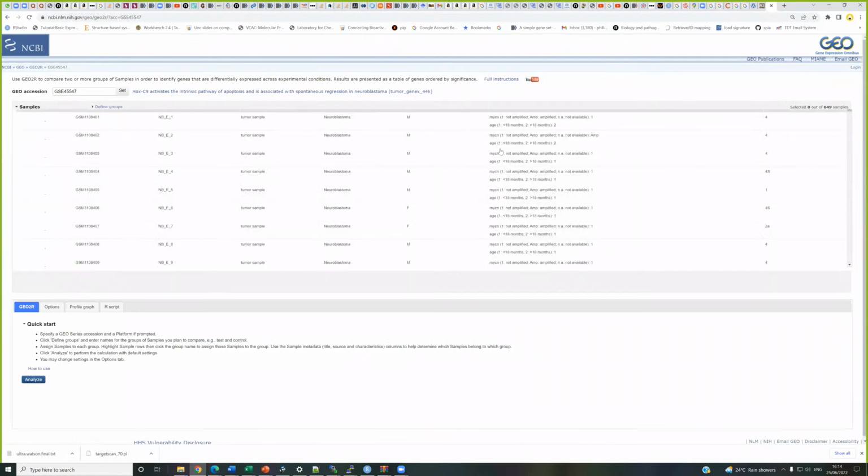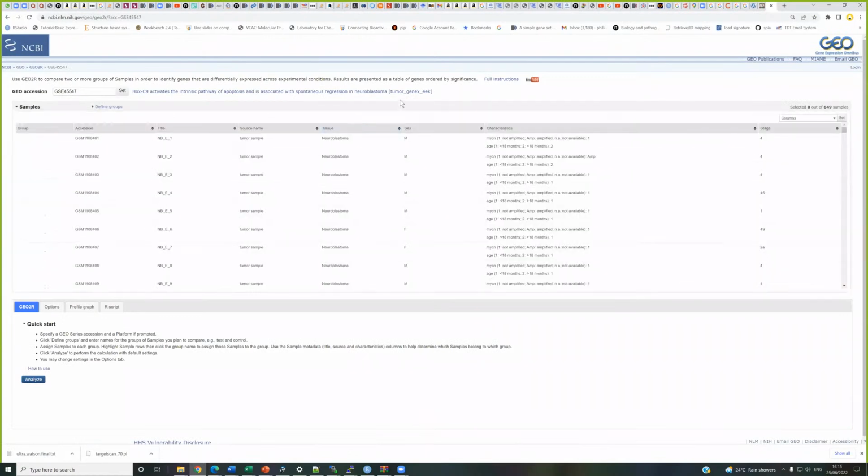I hope you can see my screen, most of you. So here you have neuroblastoma subjects or patients, and here you have certain clinical attributes. There is an important gene called MYCN, whether it's amplified or not, and then you also have age, whether they are less than 18 months, and also here you have staging.